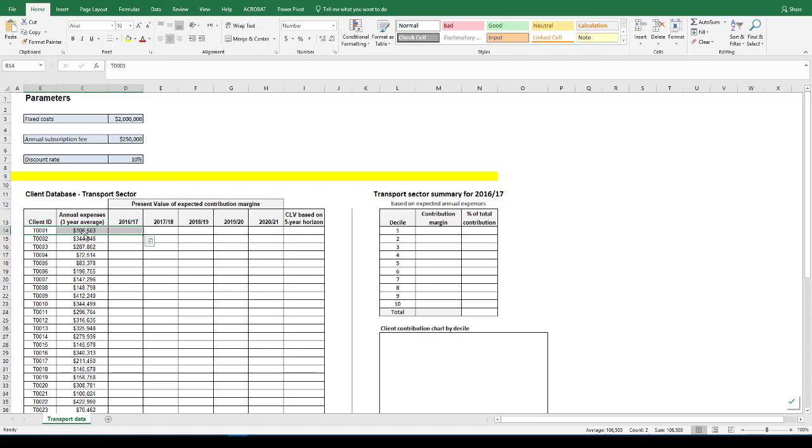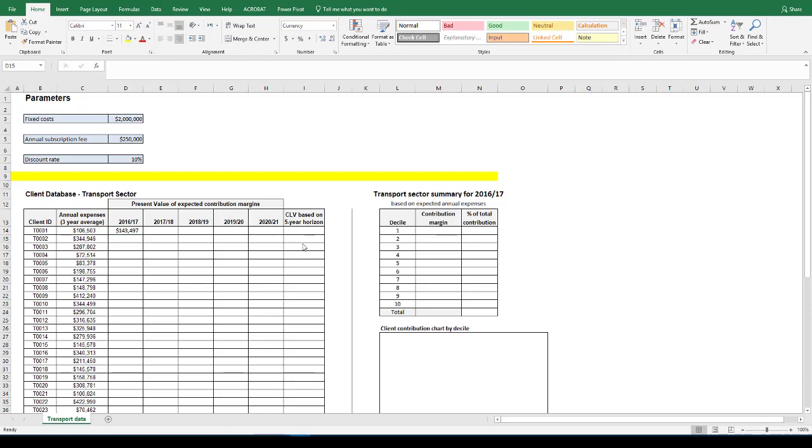And the expenses of this customer is $106,000. So the difference between the annual subscription fee and the expenses is the contribution margin of this customer. Simple as that. So it equals the benefit from this customer minus the expenses, $143,000.